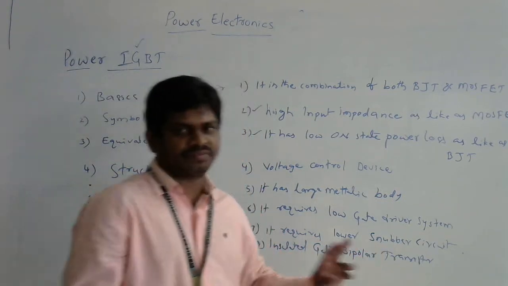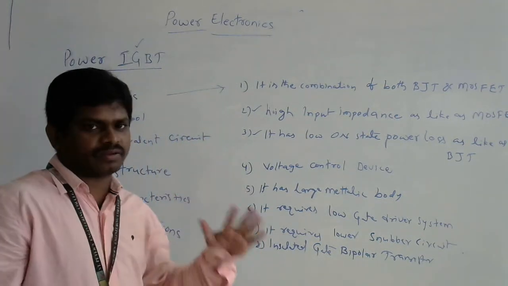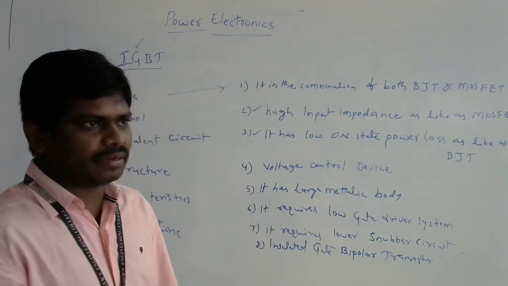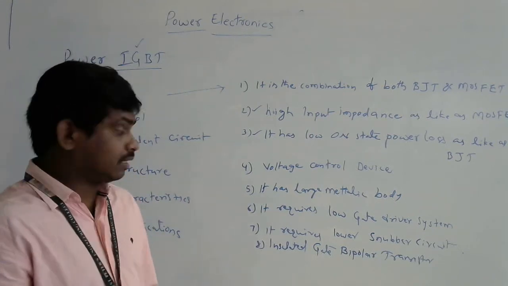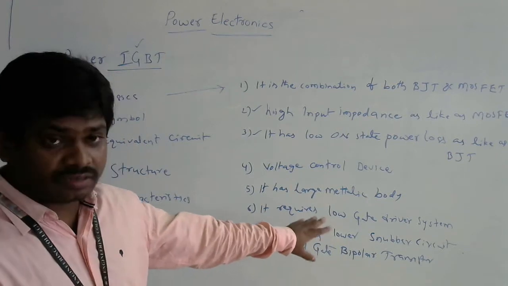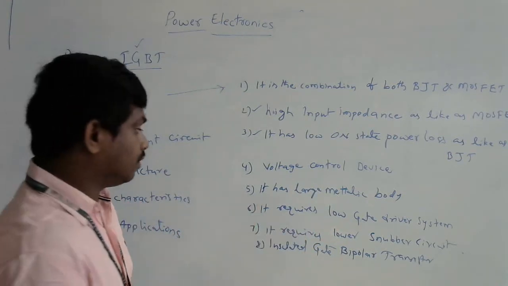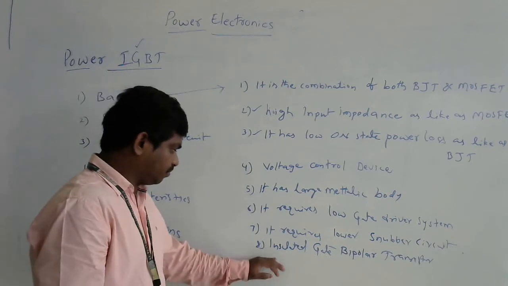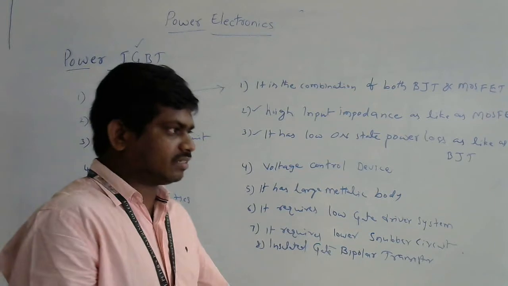There are two types of families in semiconductors: one is the thyristor family, the other is the transistor family. The thyristor family is used for power modulation, whereas the transistor family is used for frequency modulation. This insulated gate bipolar transistor belongs to the transistor family.